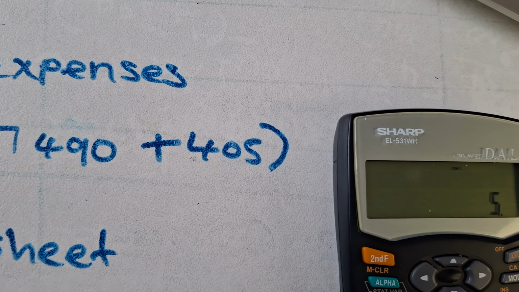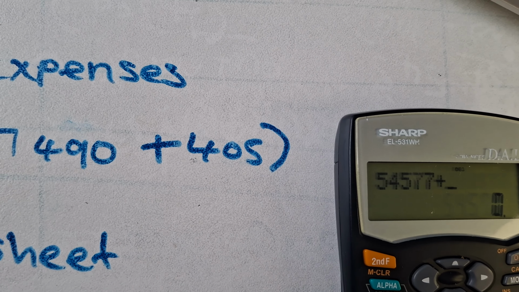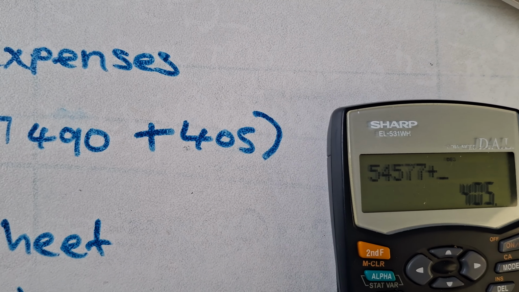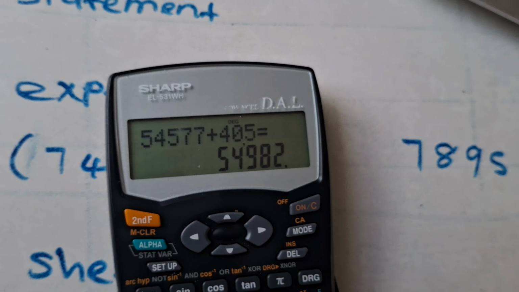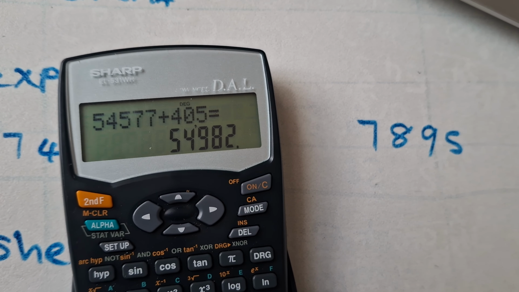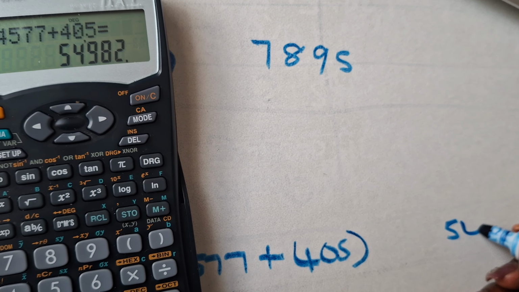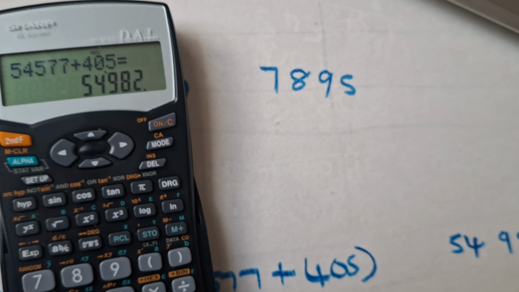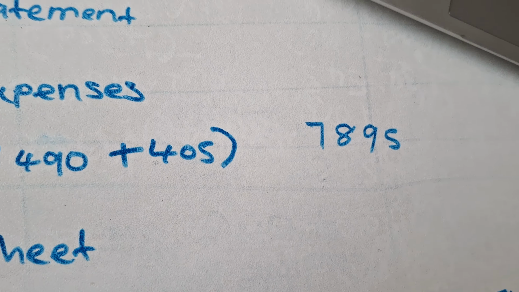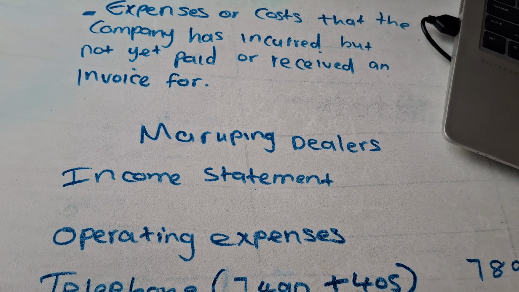So it's 51,577 plus 405, which means now our creditors control will be 54,982. I hope you understood our accrued expense concept for today.